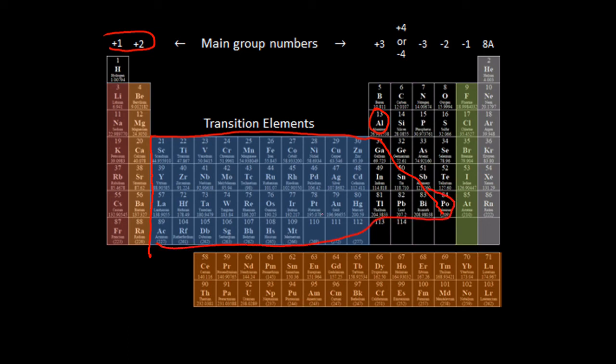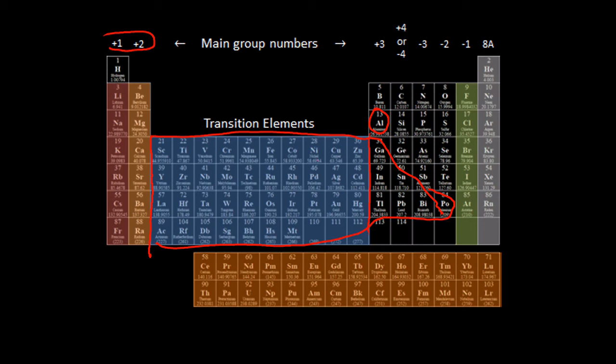So it's mostly the transition elements, but there are a few metals here that we do have to include as well. So any of these metals, if they are in an ionic compound, we have to specify the charge on that. But if the metal's in the first two columns, or if it's aluminum, the one exception on this row here, those are only going to have one possible charge, so we don't have to specify the charge in those cases.